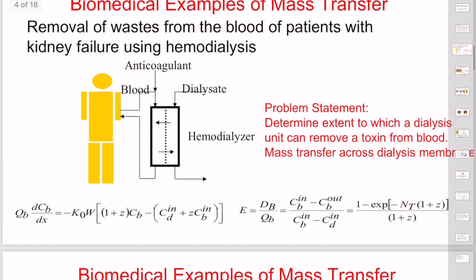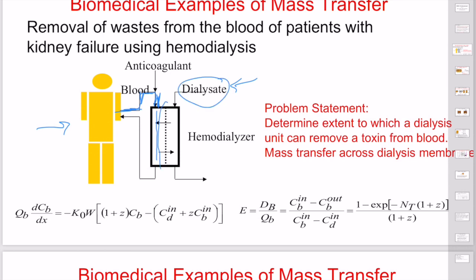Okay. And here's another example where you have a kidney patient who is on hemodialysis, and they're taking his blood out and passing it into the hemodialyzer. And so the blood is traveling through here, and this is the fluid that they're passing through on the other side of this membrane.